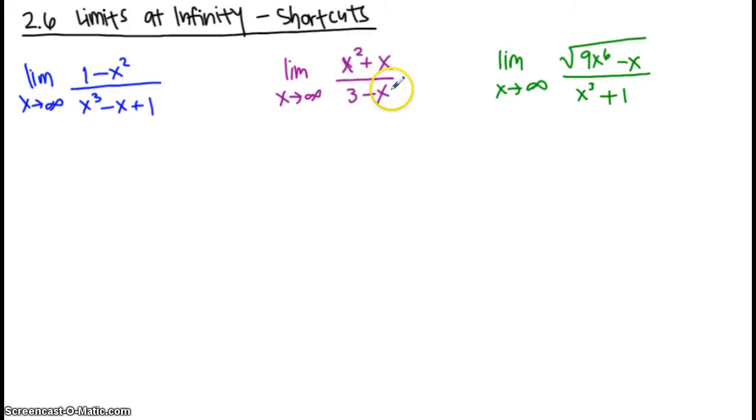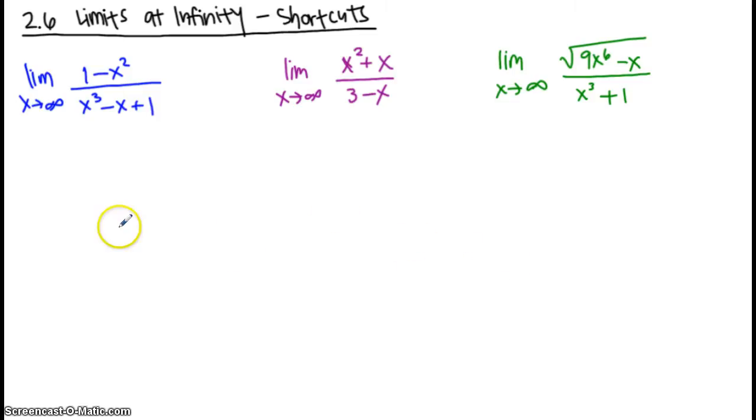So this is a degree of 1 here. In this case, it looks like I have the square root of x to the 6th, which is x cubed. That's the highest degree in the numerator. And on the bottom, it's the same x cubed. Okay, so this one, the degree on top and bottom are actually the same.